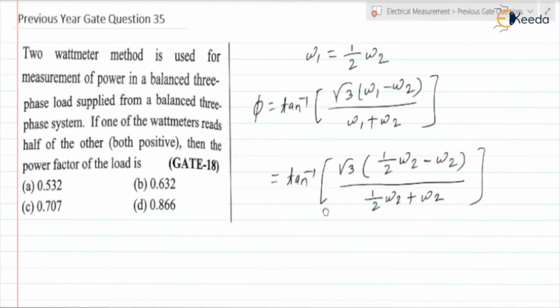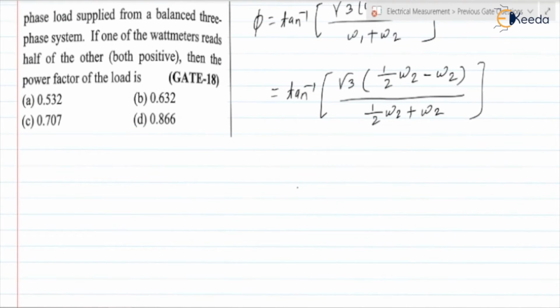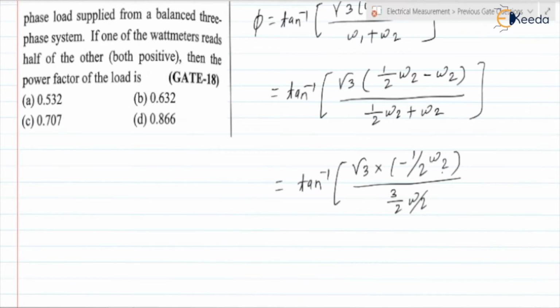So here it is equal to tan inverse of root 3 into minus 1 by 2 W2, divided by 3 by 2 W2. So W2 will cancel out.